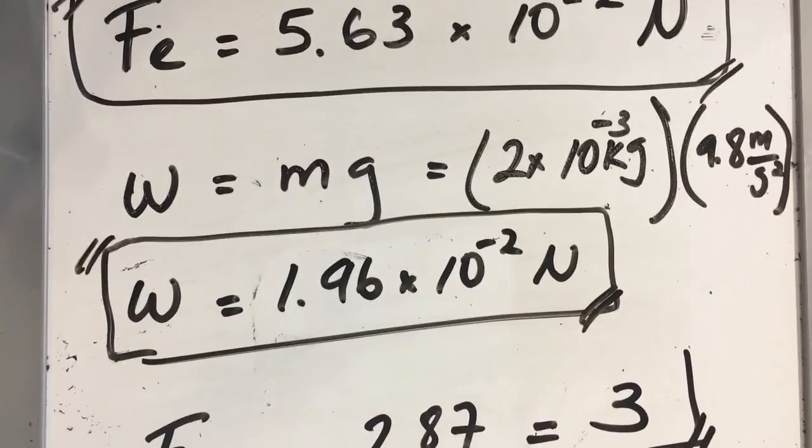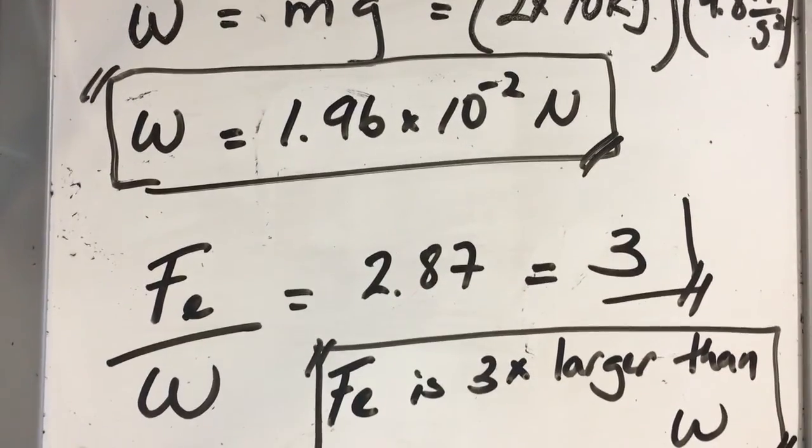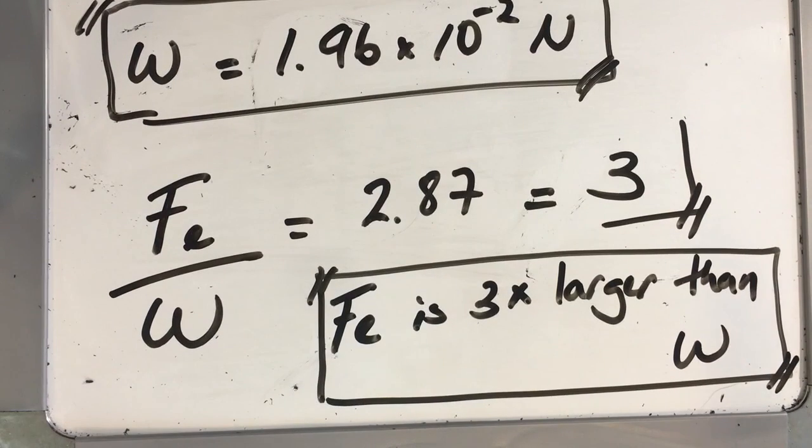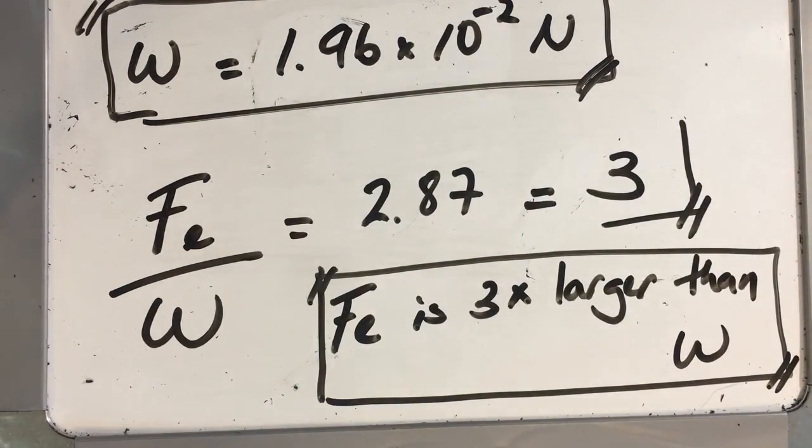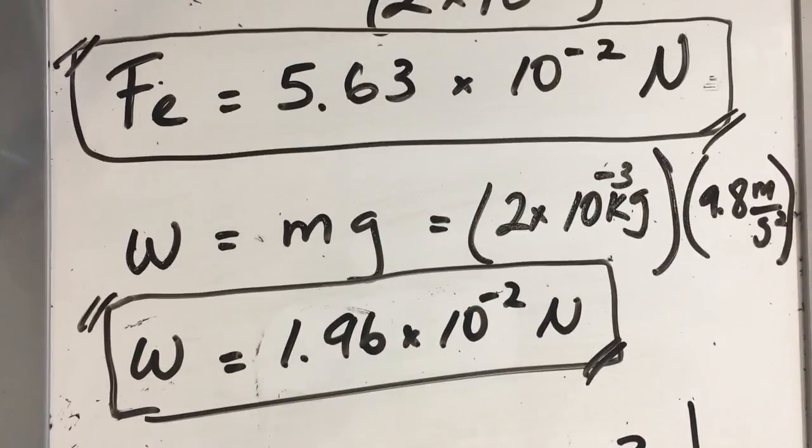And they were also asking for the ratio between the electric force and the weight. So it's a complete answer. We have SI units because we did the conversion to SI units right at the beginning when we were visualizing, and we are finding a reasonable number for our variables.